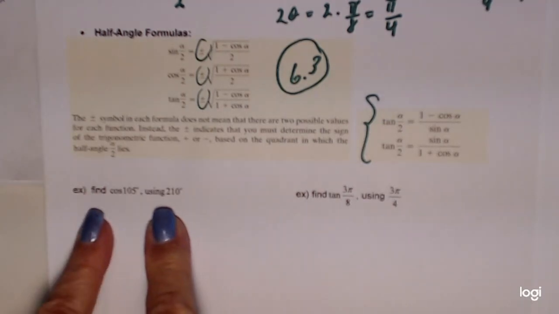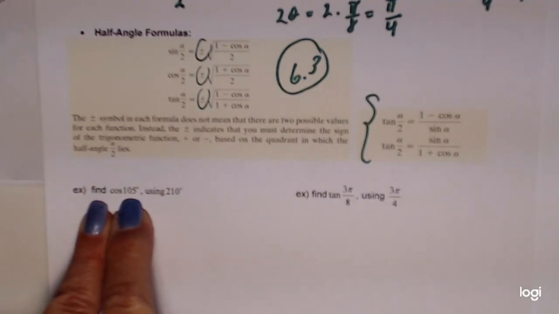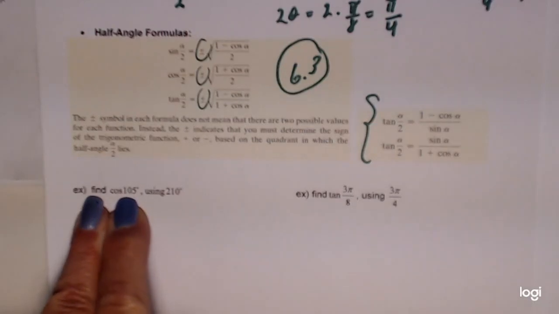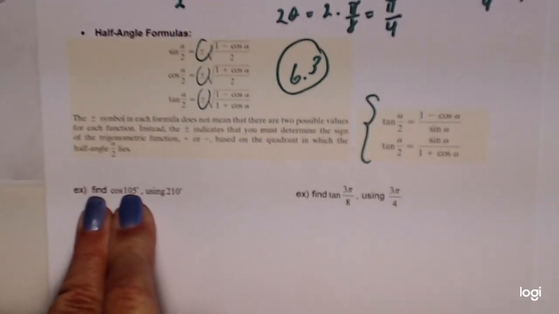In this first example, we want to find the cosine of 105 degrees. Well, 105 degrees is not an angle that we know. Now, we know from our sum and difference formulas, we could break 105 degrees down into 60 degrees and 45 degrees and use the sum formula for cosine.